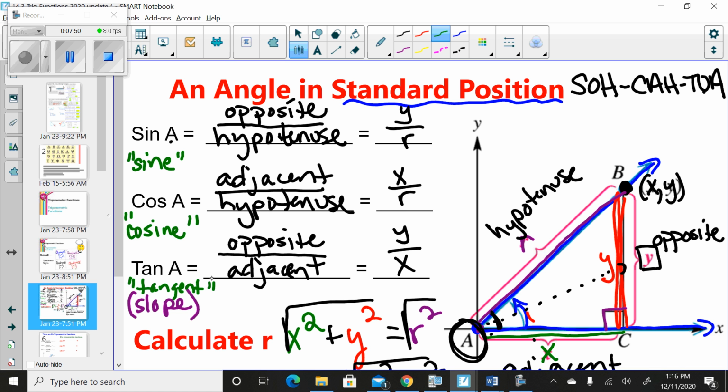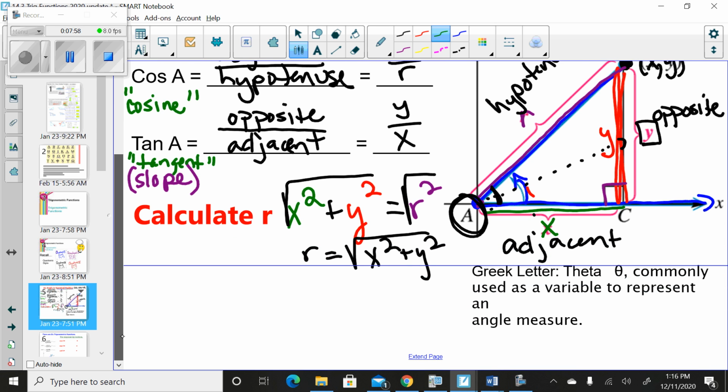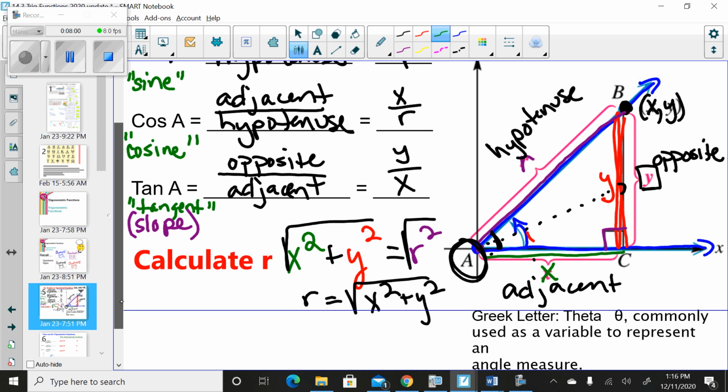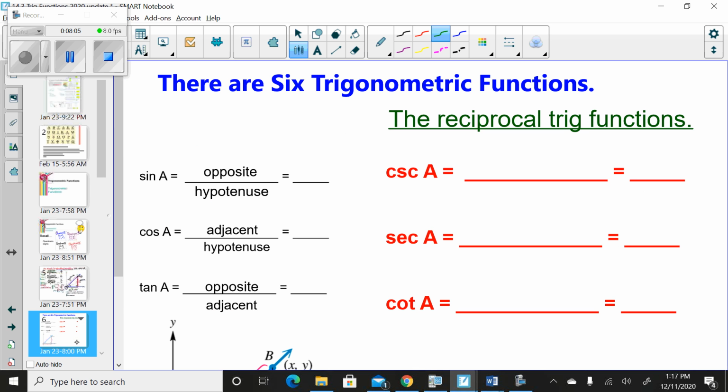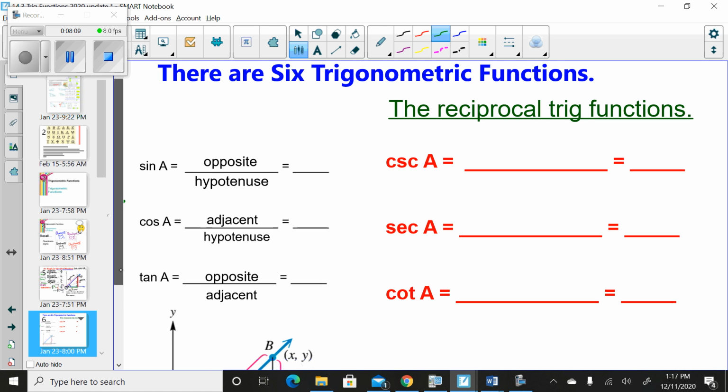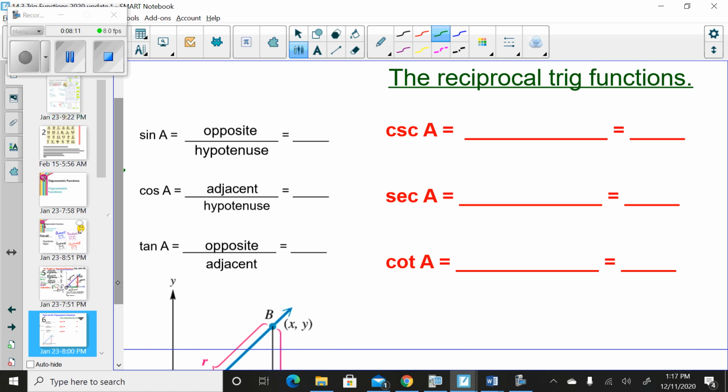When you're abbreviating them, you're still saying the name of the function. So when you see S-I-N, you say sine. It's the sine function. All right, now we're going to be using a lot of different things to represent different angle measurements. We'll come back and talk about that theta in a second. We're going to talk about the reciprocal function. So there are the original three functions, but there's also something called the reciprocal.